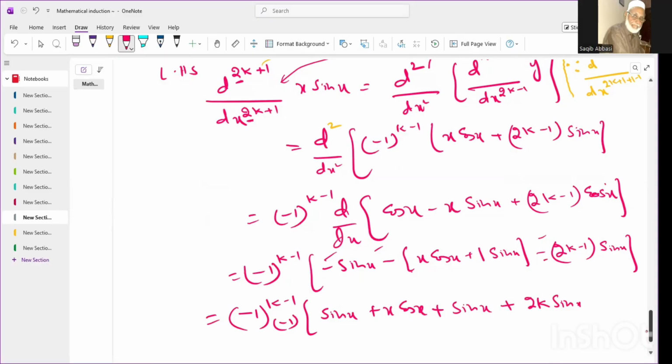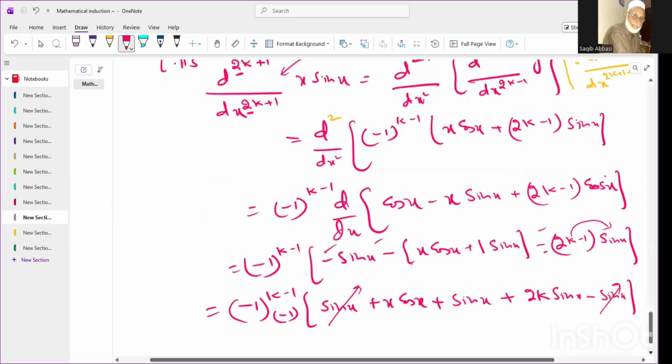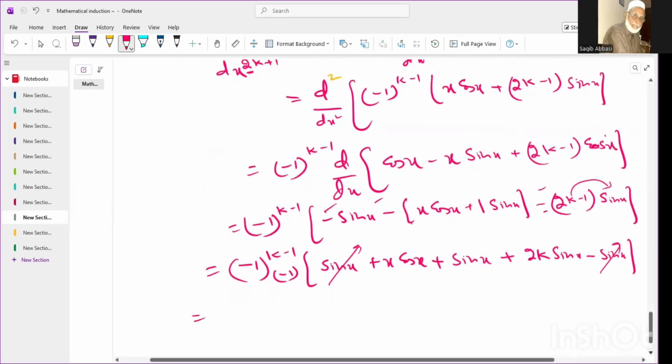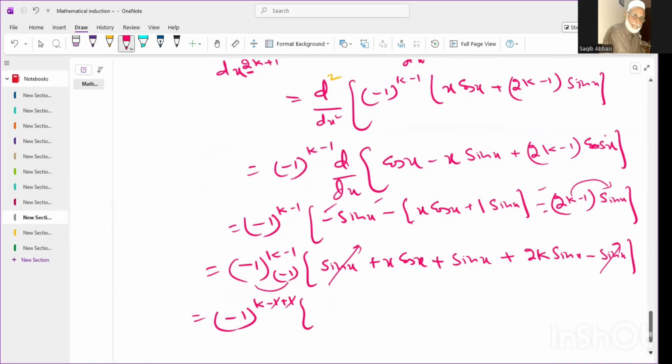Now 2k multiplied by sine x, and minus 1 multiplied by minus sine x. The sine x terms cancel with each other, and (-1)^(k-1) times minus 1 gives (-1)^(k+1); by the indices rule, bases are the same and powers add. Now x cos x stays as it is, and in these two, sine x is common. The answer will be 2k plus 1.